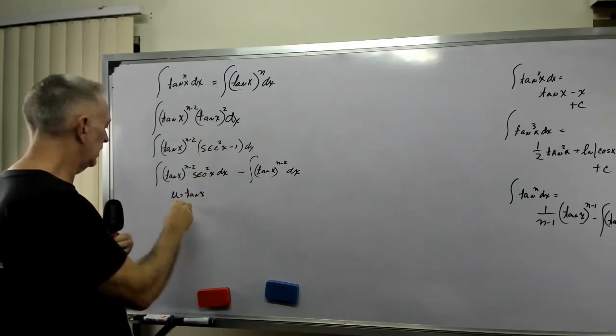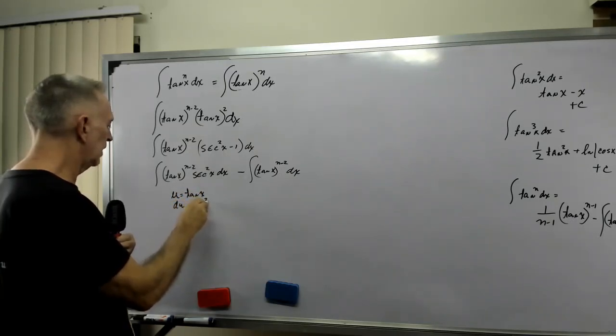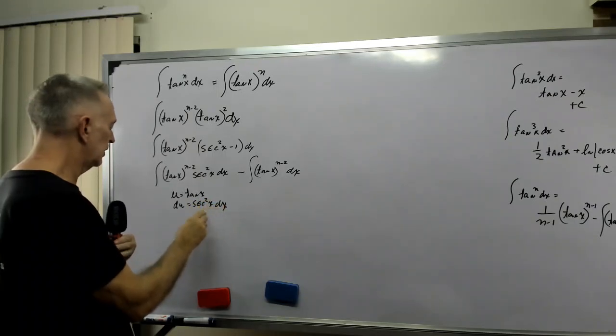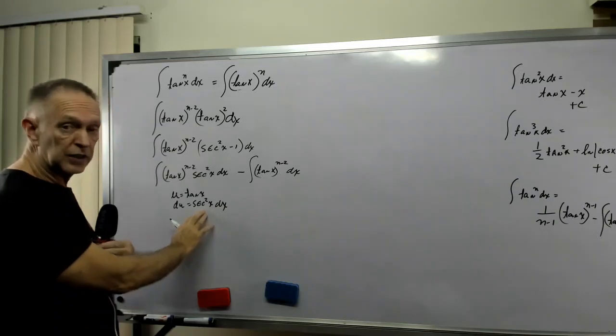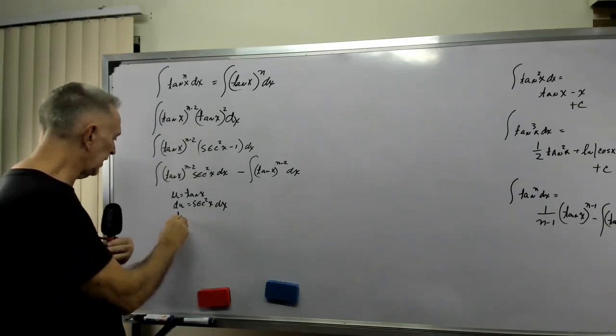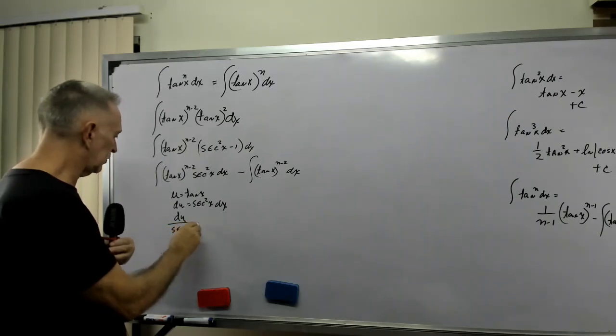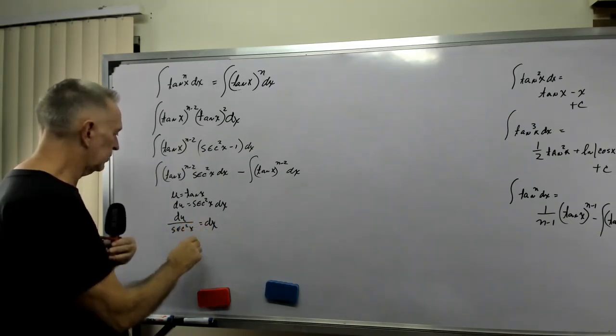Du then is secant squared x dx. So if I isolate the dx, I divide both sides by secant squared x, so I would have du divided by secant squared x, and that equals dx.